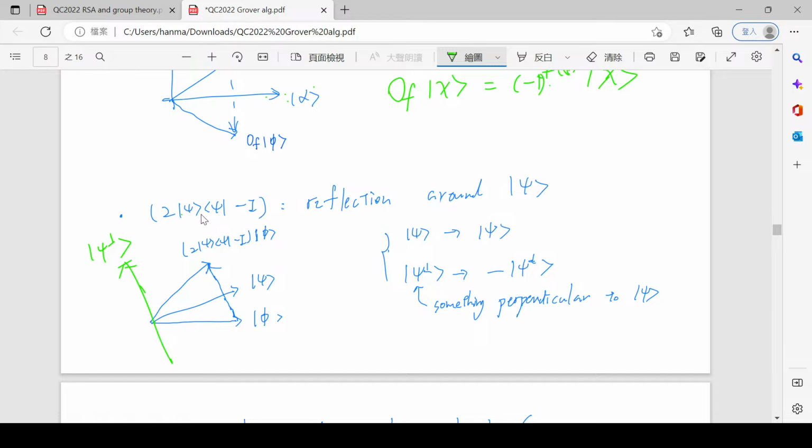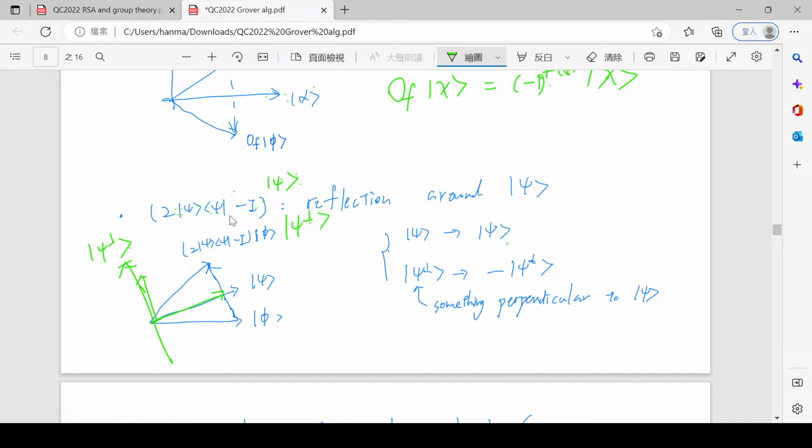So you do 2|φ⟩⟨φ| minus identity, and if you put phi here, then you find that you have 2 phi minus phi, which is still phi. So the phi component will stay the same. And the phi perpendicular component is perpendicular to phi.